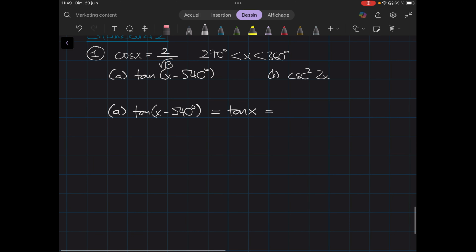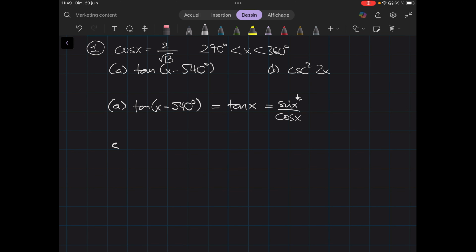Tan of x is equal to sine of x divided by cos of x. So now we need to find sine of x. Sine of x is going to be plus or minus the square root of 1 minus (2 over root 13) squared.